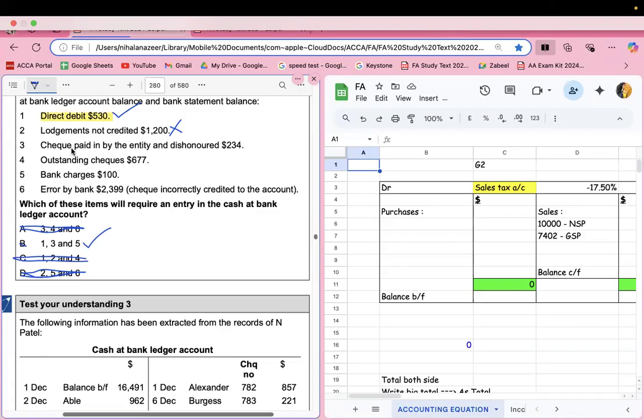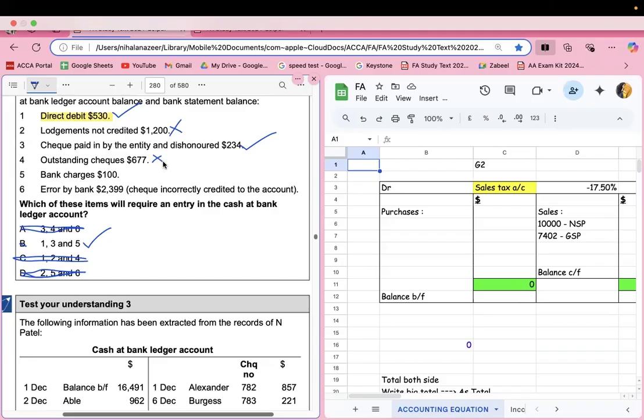Let's see if B is what it says to be. A check paid in by the entity and dishonored: you recorded the item, but the bank dishonored it and you don't know that. So you need to adjust your cash book ledger according to the bank statement. So 3 is also correct. Now, the fourth one, outstanding check. No, it is to be adjusted in the bank statement.